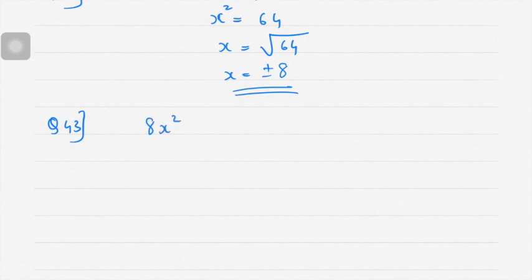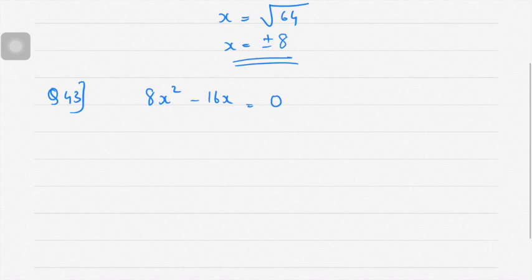Next question. Question number 43. The equation is 8x² - 16x = 0. How to solve this?